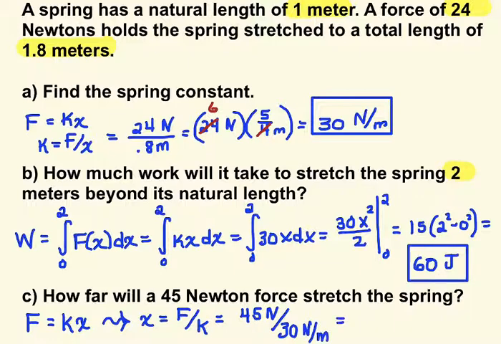We end up with 45 divided by 30, which is 1.5 meters. Notice the units are meters because I divided by the reciprocal, which means multiply by its reciprocal, and we got meters. Okay, so that's our next problem finished, and we're going to move forward and work on another problem.